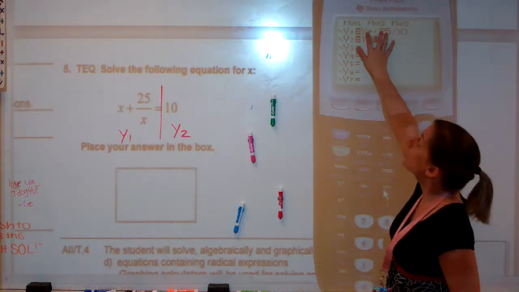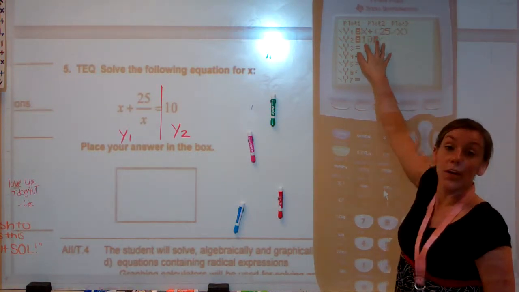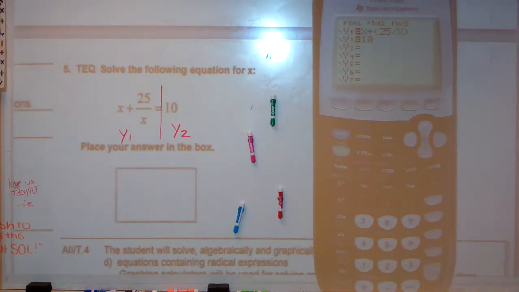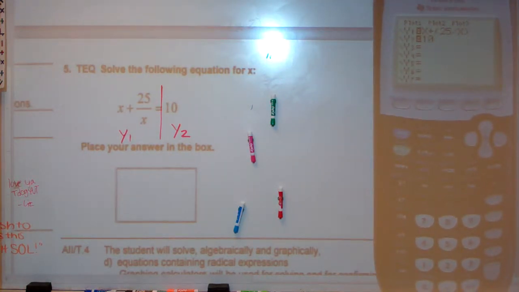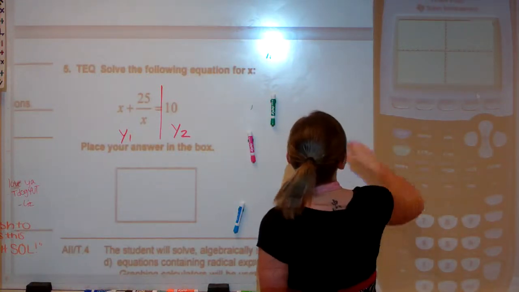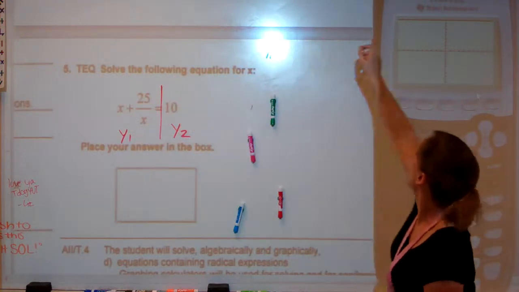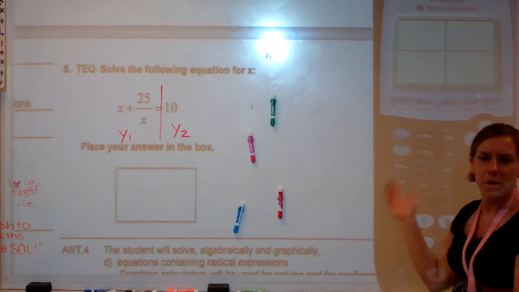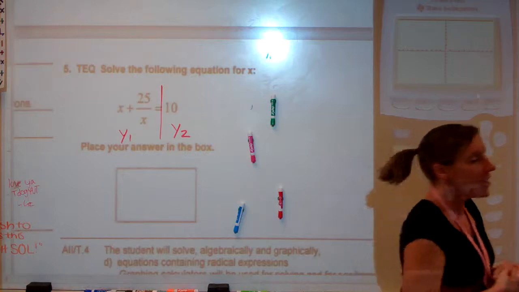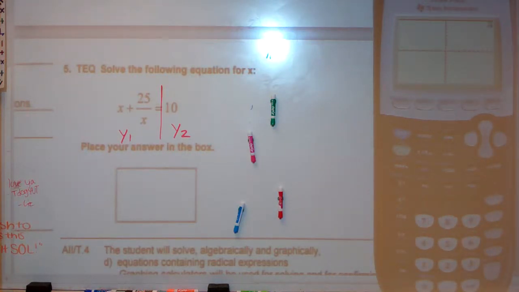So this is one side, this is the other side, and where they cross are our solutions. When we graph it, there's x equals 10. Unfortunately, this looks like it's outside of the window, but our table will give us our solutions. So let's look at the table, where they repeat. We're looking for where this is 10 and where that is 10.